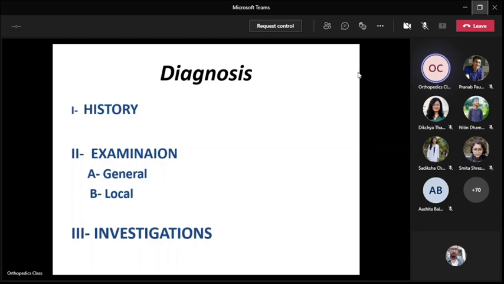Most of the time, we go for the local examination, which is the area where the patient has problems. And then comes the investigations. So for a diagnosis of any fracture, you have to go for the history, then examination, and to support your diagnosis, we need investigation.